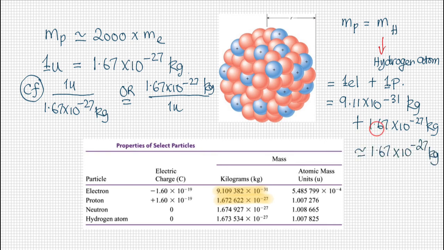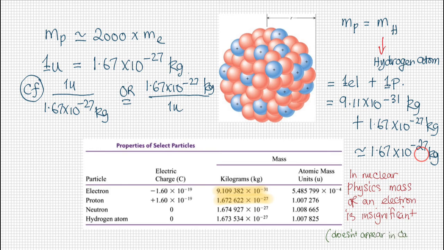If we calculate that out to 2 decimal places, you can see we don't really need to focus on it too much. So in nuclear physics, because we're going to be using the changes in mass to signify how much energy is lost or given off, or energy required, we're going to ignore the mass of the electron.